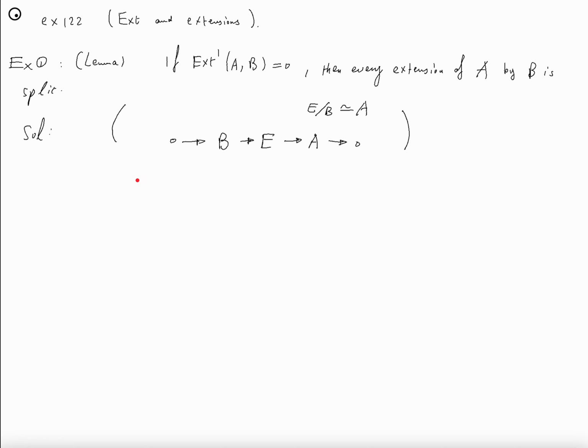So let's just start with an arbitrary extension. Let's call this C, and then just apply this Ext functor.